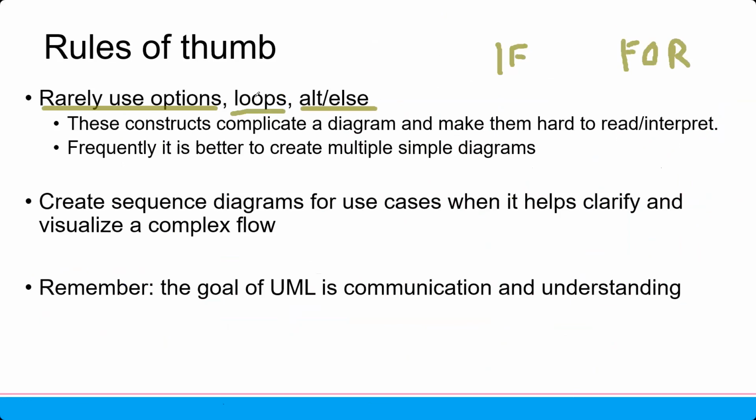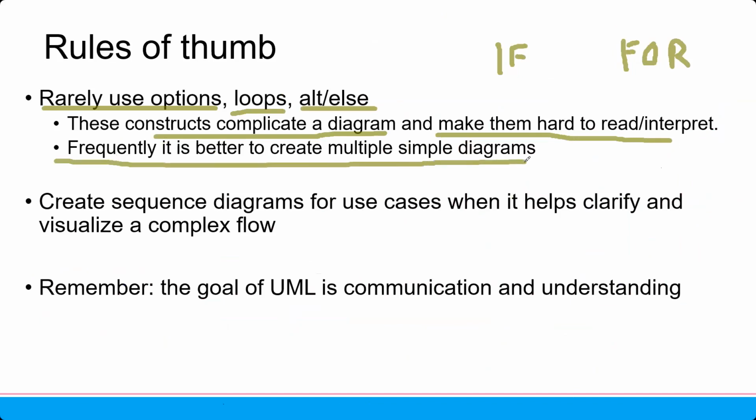If you use those options or for loops or else and so on, it will construct a complicated diagram, and it makes it hard to read or interpret. So the sequence diagram should be very clear to mention the step by step, one by one. And frequently, it is better to create multiple simple diagrams.